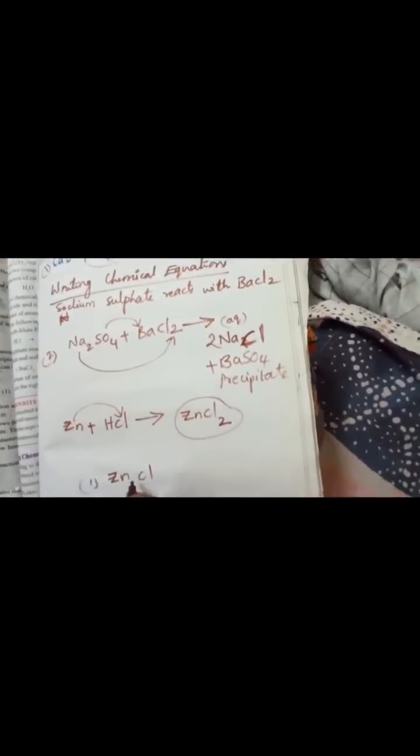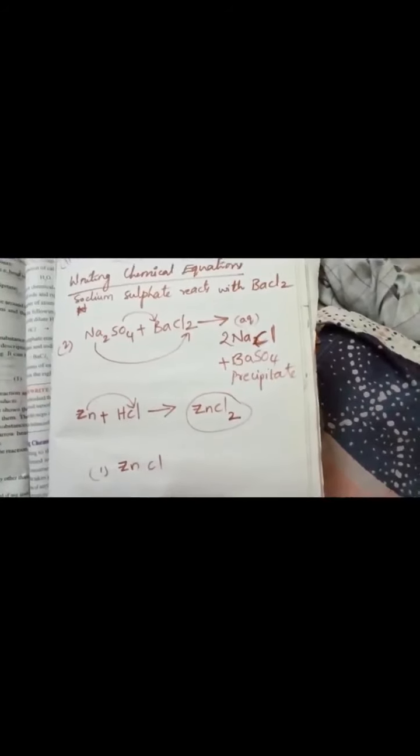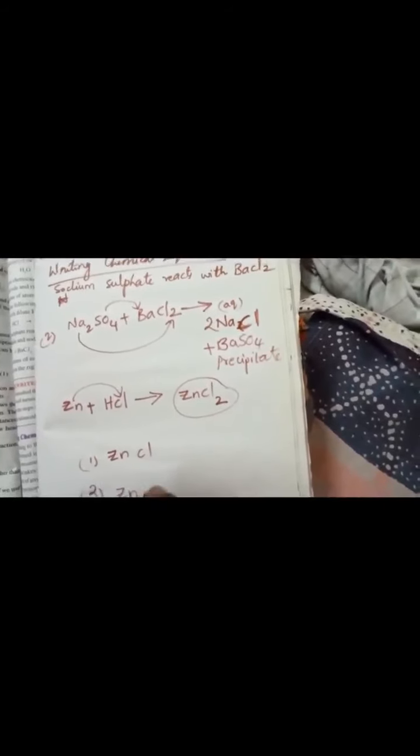Why am I writing 2 as a subscript? This is the first step: just writing the chemical symbols. In the second step, zinc is a cation and chlorine is an anion, that we know.